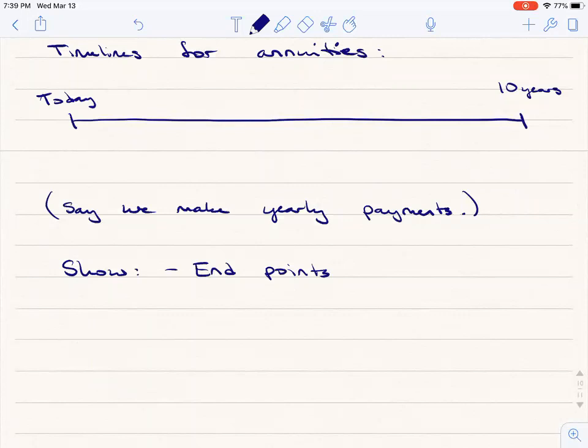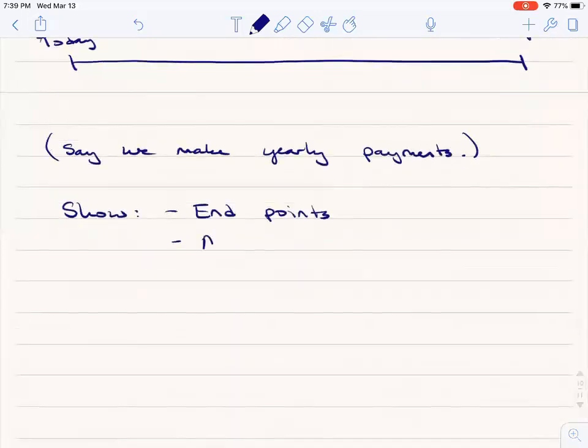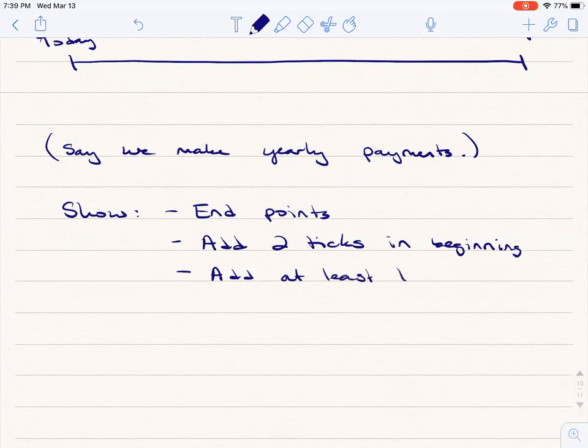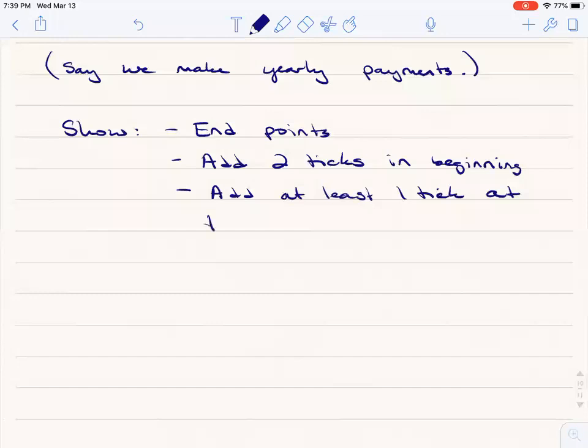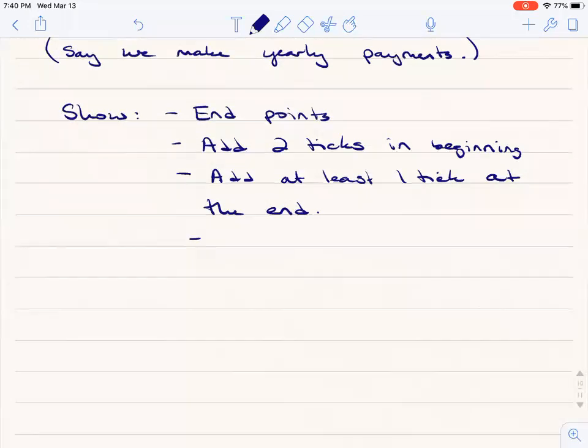Then you're going to show at least two ticks in the beginning, add two ticks in the beginning, and add at least one tick at the end, with dots in between.